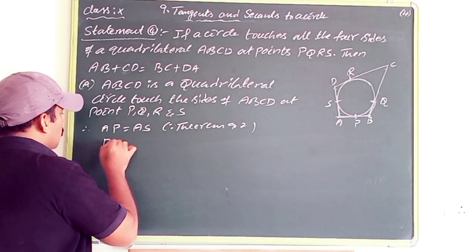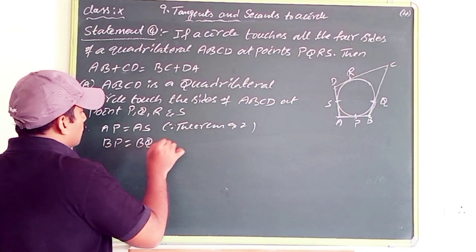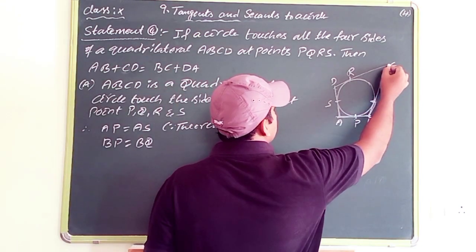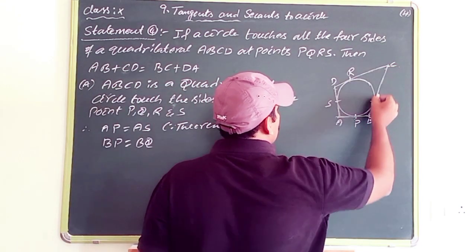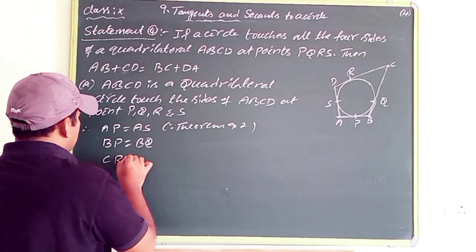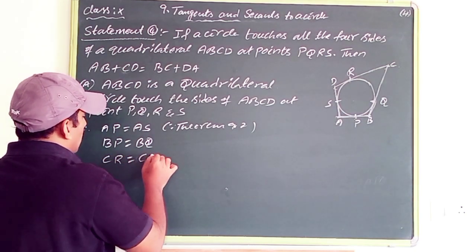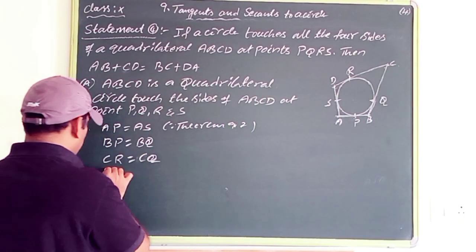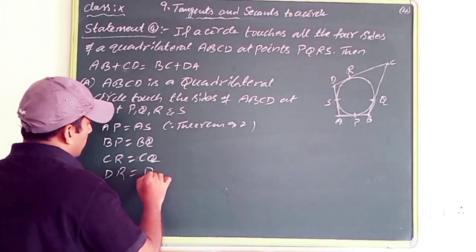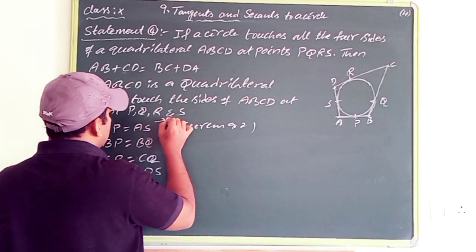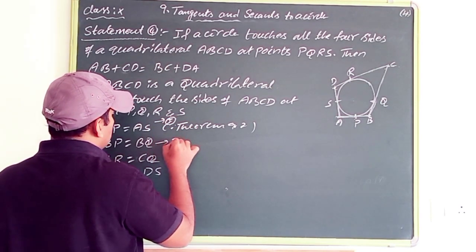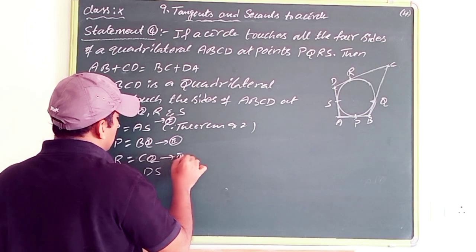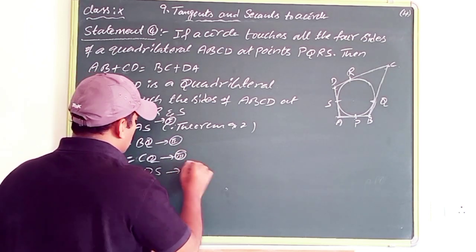So, we write the point here BP is equal to BQ. Similarly, if C is the external point, then CR is equal to CQ. And similarly, if D is the external point, then DR is equal to DS. Take these as number 1, 2, 3, and 4.